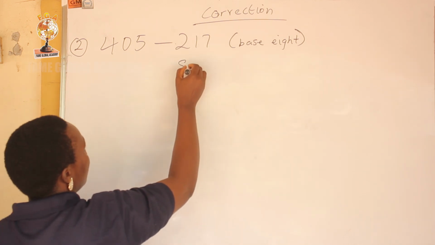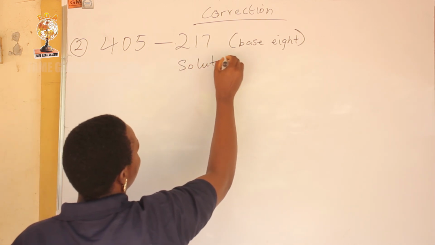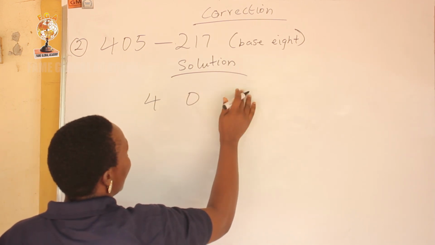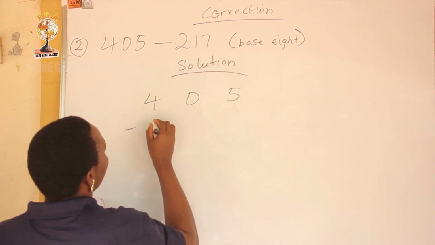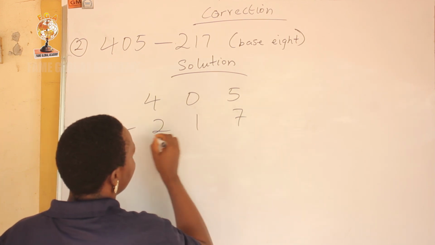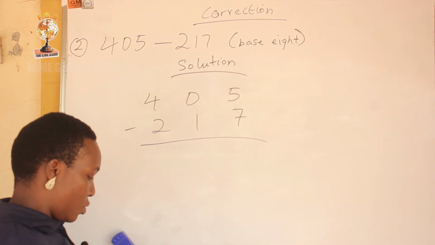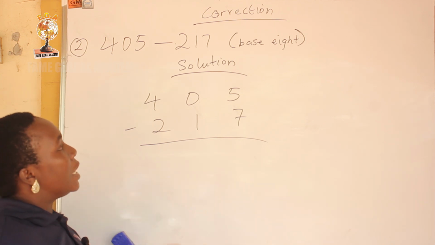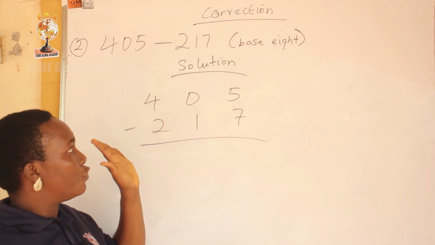Okay, so solution, we have 405 minus 217.